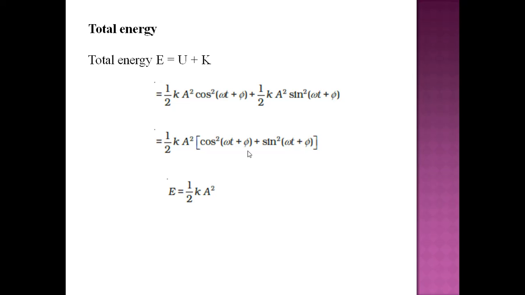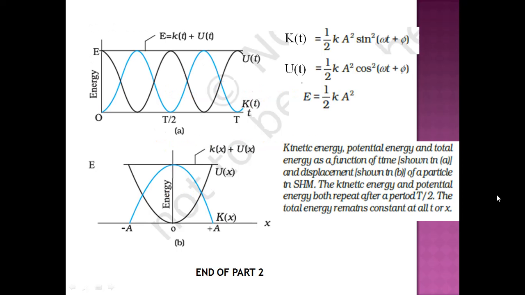So your total energy is E equal to half Ka squared. Total energy is not a function of time. It is just a constant, half Ka squared. You know K is m omega squared and A is the amplitude, or the radius of the circle, the distance from the center to one extreme position, that is capital A.